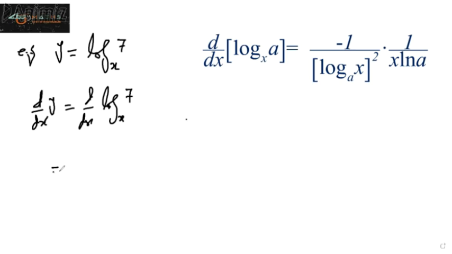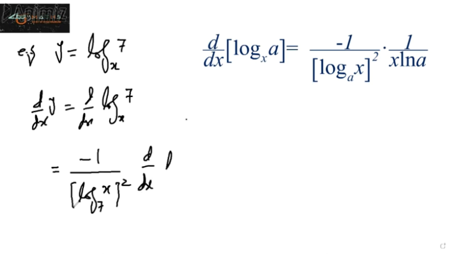According to this rule, we will put negative with 1 and will square the function log of x to the base 7, and then take the derivative of this function, which is equal to minus 1 upon log of x to the base 7 whole square.